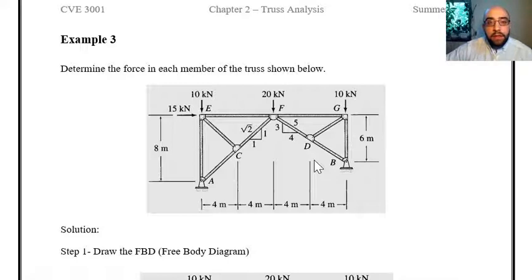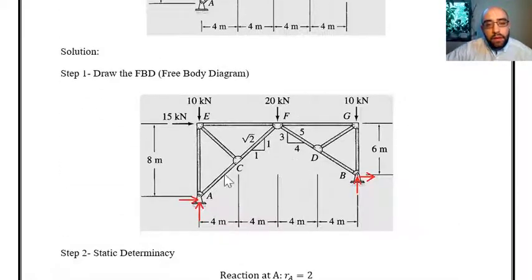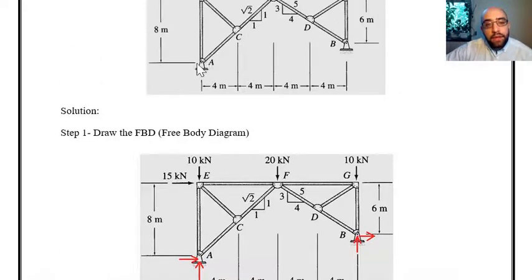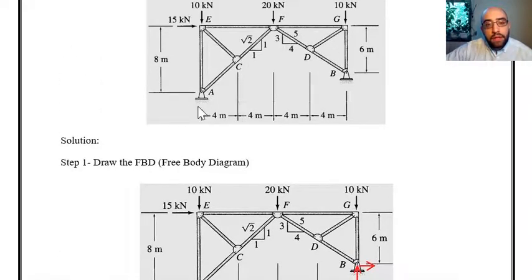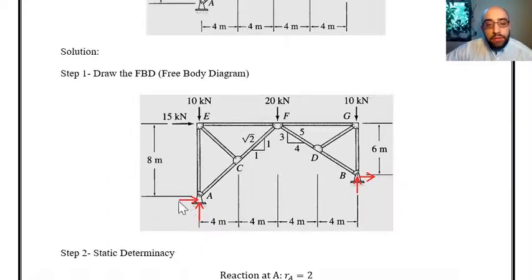The first step is always drawing the free body diagram to understand the reactions and the situation of the truss. I have it over here. As you can see, we had a hinge support over here on the left and also a hinge support on the right side of the truss. It means that we have 2 reactions over here and also 2 reactions at point B.